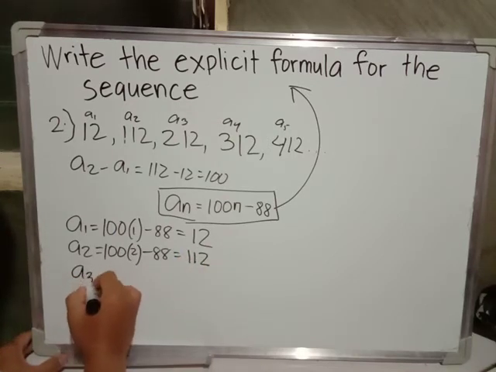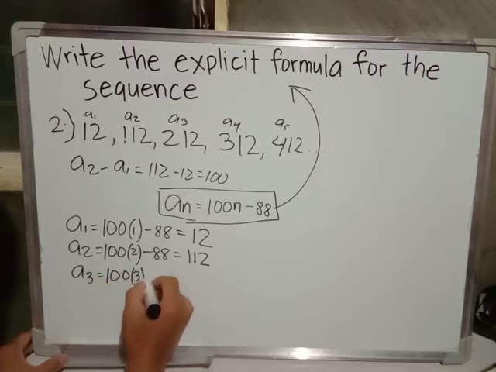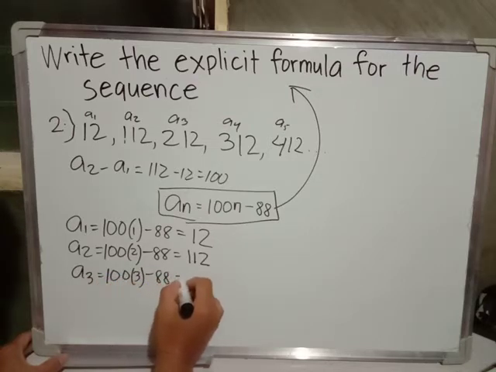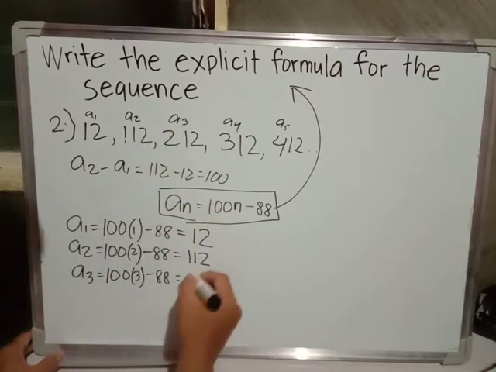E3 is 100 times 3 minus 88, 300 minus 88 is 212.